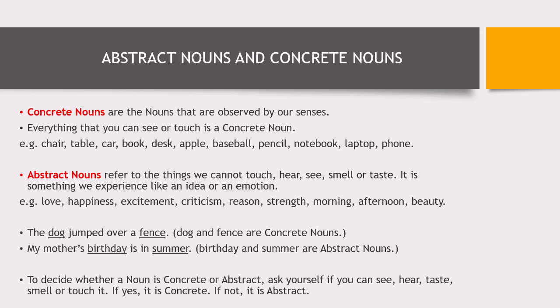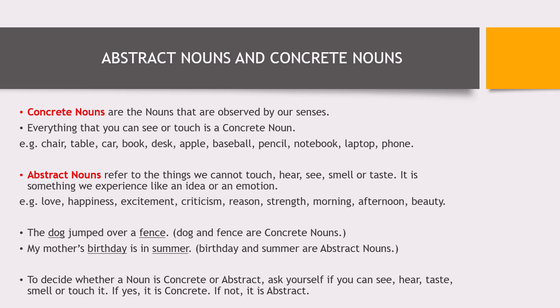Abstract nouns refer to the things we cannot touch, hear, see, smell, or taste. It is something we experience, like an idea or an emotion. For example, love, happiness, excitement, criticism, reason, strength, morning, afternoon, beauty.